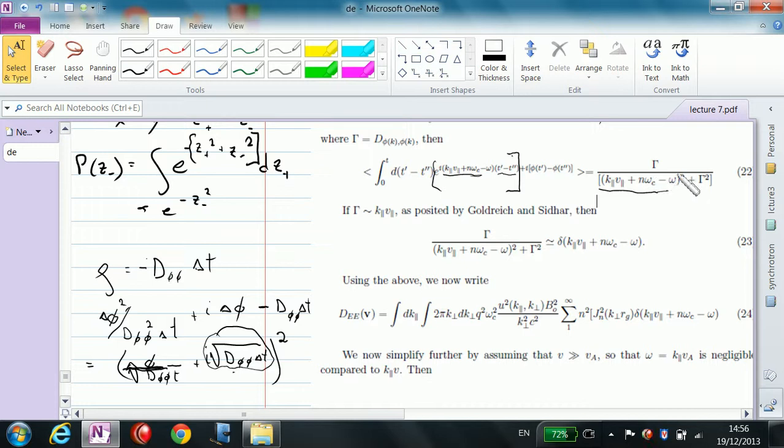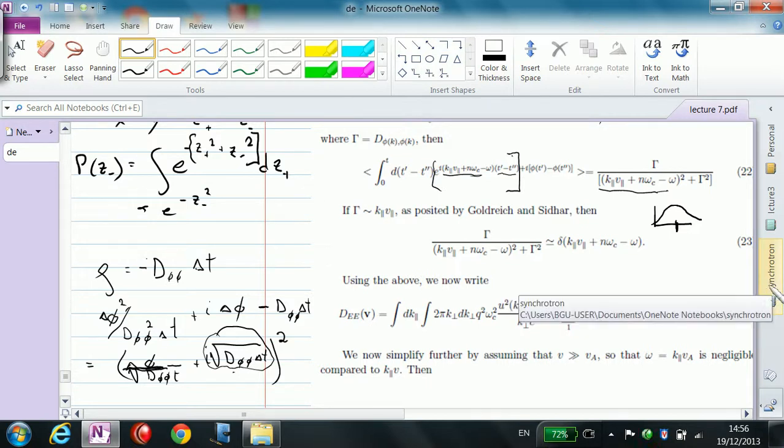The half width of this kernel is just when omega minus kv is of order kv. In other words, it looks something like this. If the resonance is here, it's as wide as the actual resonance, but it's not. No, it's approximate.